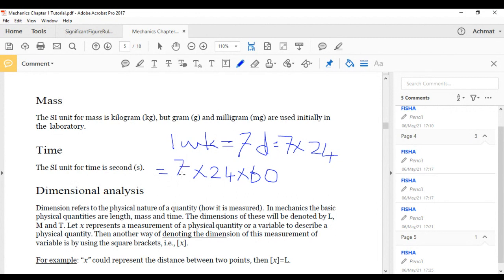Now we have that 1 week converted into minutes. So remember, that's 1 week, that's so many days, that will be so many hours, that will be so many minutes, and that would be equal to 7 times 24 times 60, that is in minutes. Convert that to seconds, times another 60. Then you have all your time of 1 week converted to seconds. Please work it out and see what you get.